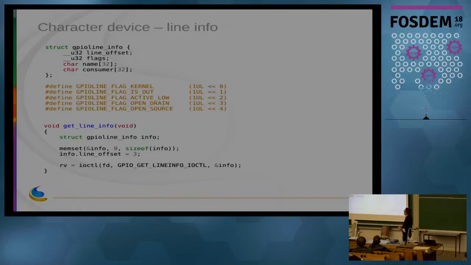Analogously to the chip info structure, you have the name, the consumer, and then the offset of the line and the flags that are filled by the kernel, and the line offset field is the only one that you have to set before calling the ioctl to tell the kernel which line you want to get info about. And for the file descriptor in this case, we're using the one that we got returned by open on the previous slide.